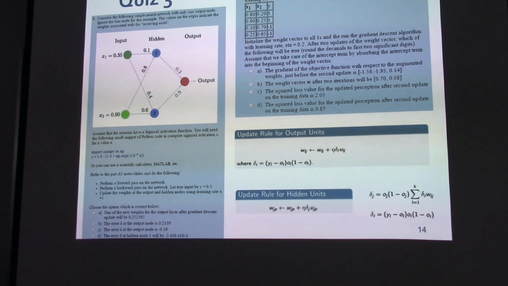Let's go on to the third part of this midterm review. Actually, those two questions are quite straightforward. They are all related to the artificial neural network. To solve this kind of question, you need to know two things. The first thing is that you need to know how to update the output units, and the second thing is that you need to know how to update the hidden units.